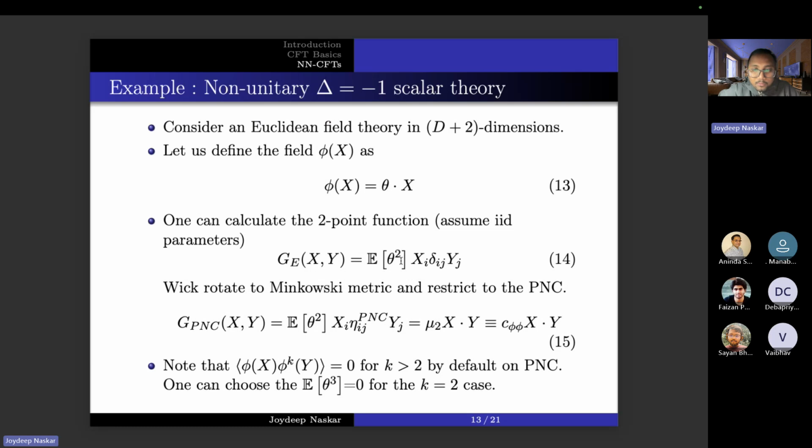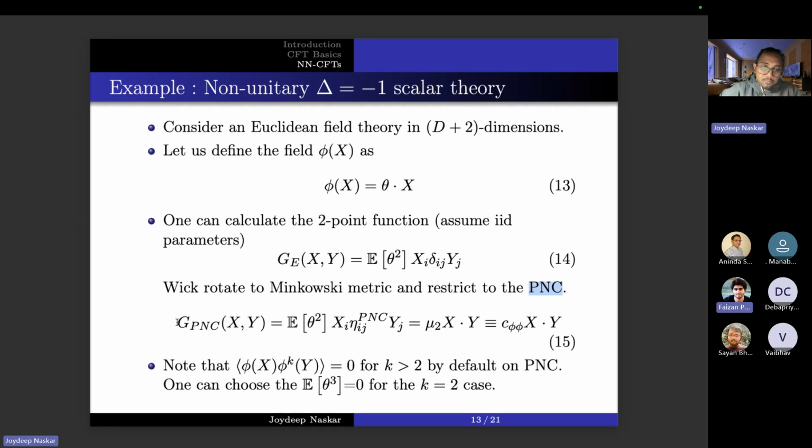Only the theta square will contribute, so you get something like equation 14. Then you Wick rotate your Minkowski metric and restrict to the Poincare null section. The restriction to the Poincare null section ensures that terms like x dot x or y dot y, which we don't have here, go to zero. There is another example in our paper where those terms appear and they go to zero, so this is needed.